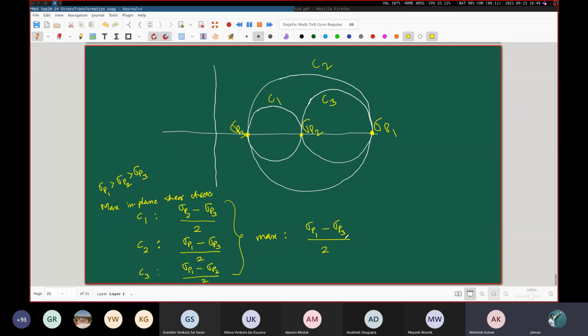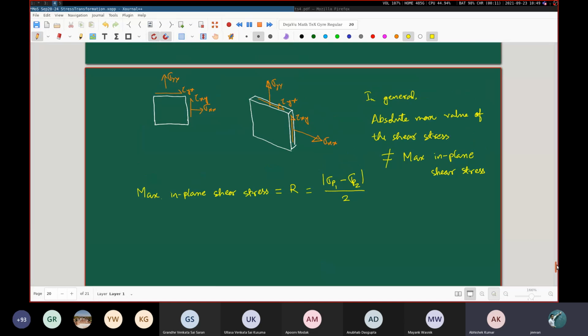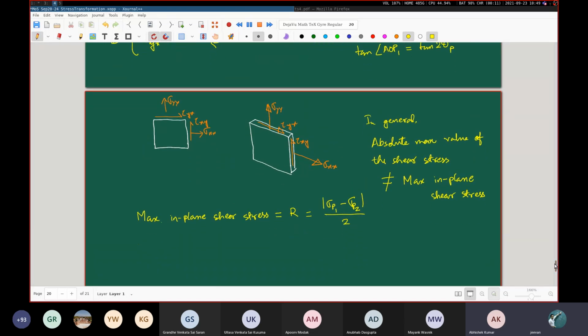Okay. Now, the thing that I want you to go back to is this diagram again. You see, here we found that there was some sigma P1 and sigma P2, and imagine that sigma P1 is greater than sigma P2.